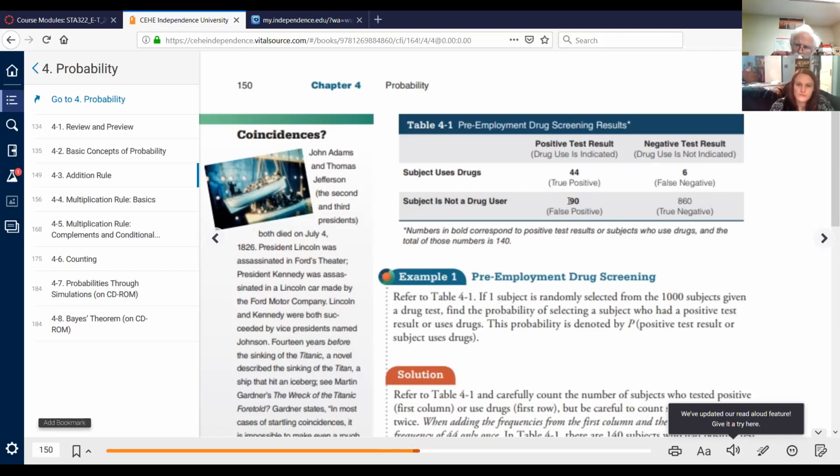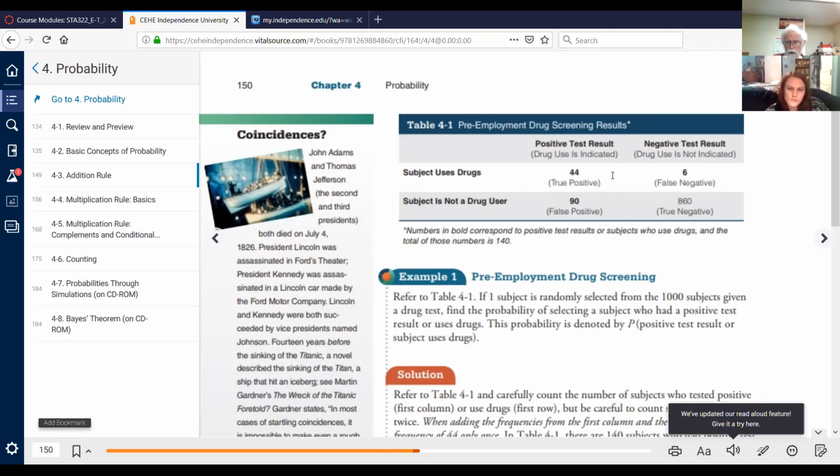So what we're seeing here is 90 out of 950 is the probability that someone is both a non-drug user and tests positive as a false positive for the drug. So that would be an example of why we would look at that.